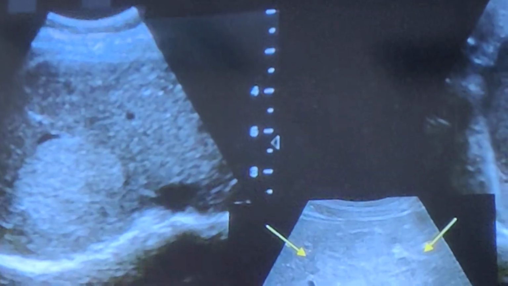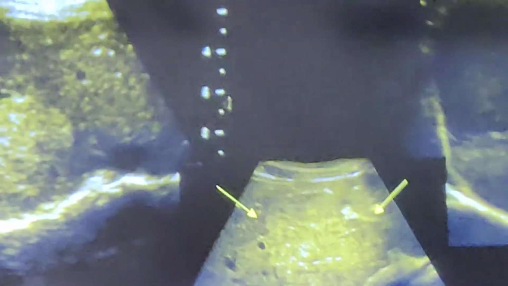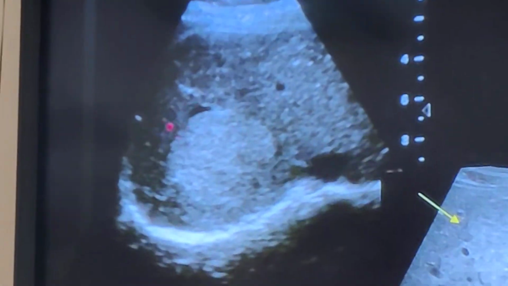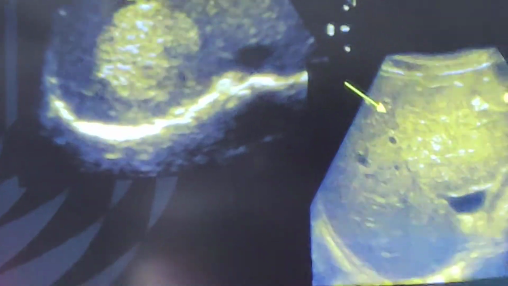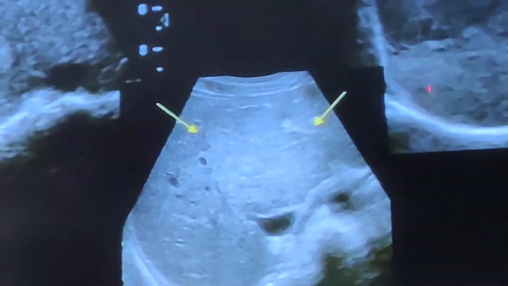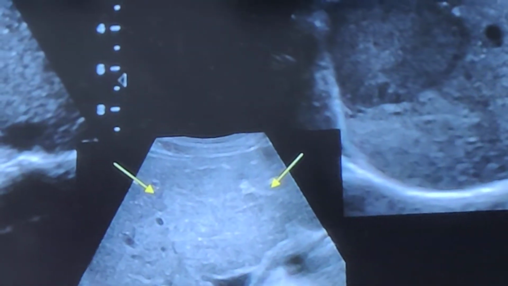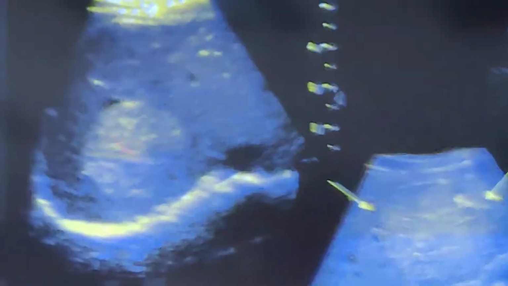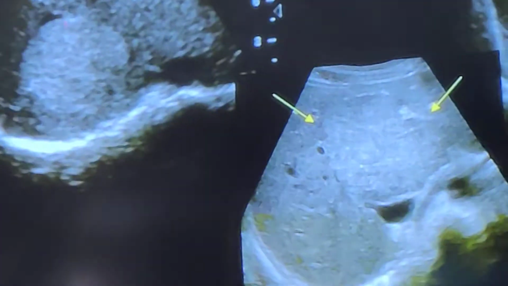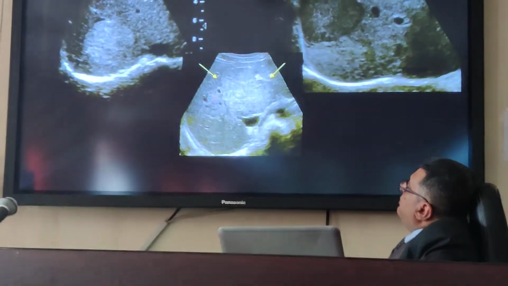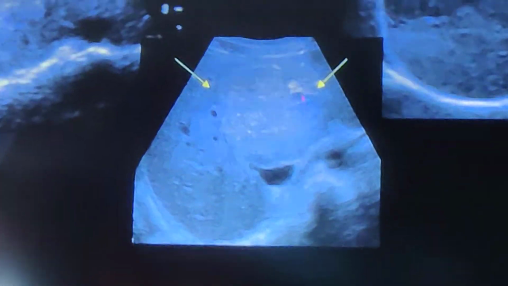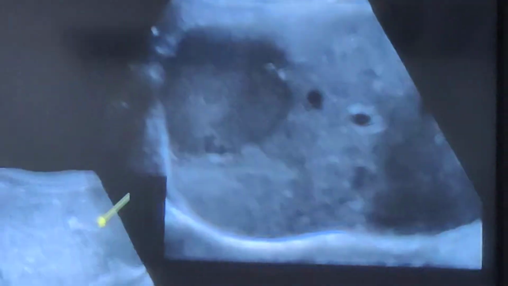This is another example. In the ultrasound we have hyperechoic, isoechoic, and hypoechoic lesions, according to the content and consistency of the lesion. It is either hyperechoic, meaning bright, or isoechoic, which cannot be differentiated from the surrounding liver parenchyma, or hypoechoic, which is less than the surrounding liver parenchyma.